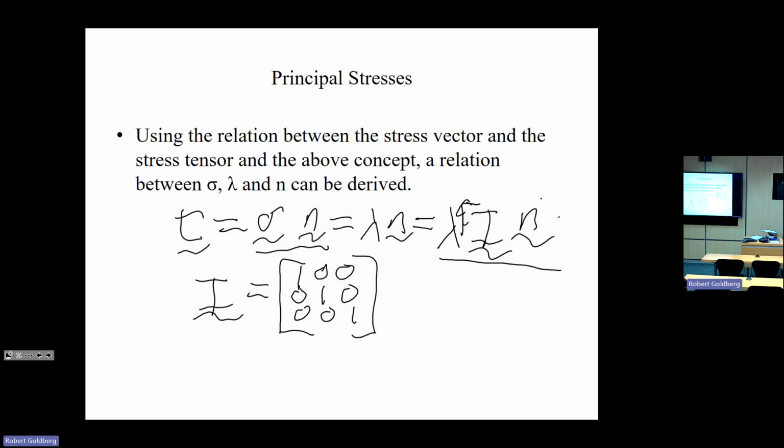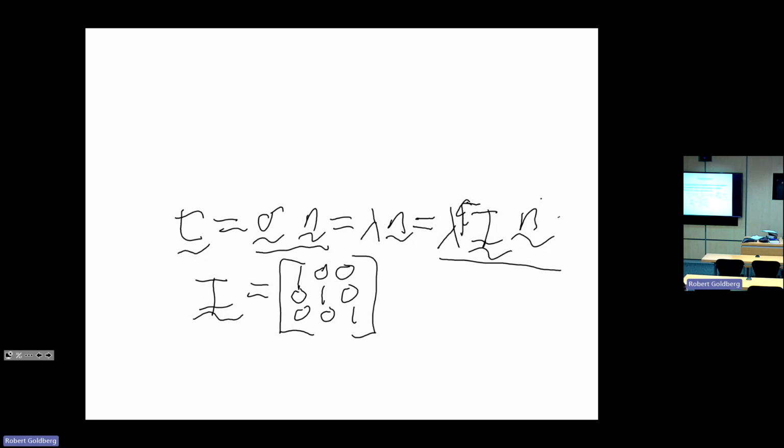So we'll take this equation and this equation, and write it for simplicity in indicial notation, but then we'll break it out to regular matrix notation in a minute. We can say that sigma ij nj, so sigma times n, is equal to our scalar lambda times delta ij times nj.